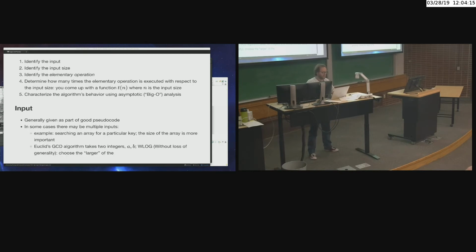Larger of the 2 inputs, right? And so let's just say that A is larger than B. If they're not, then in your algorithm, all you have to do is switch them around. You can have a real simple if statement if you're really that worried about it. But we'll just say that A is larger than B, so A is our input. Why does that not matter?